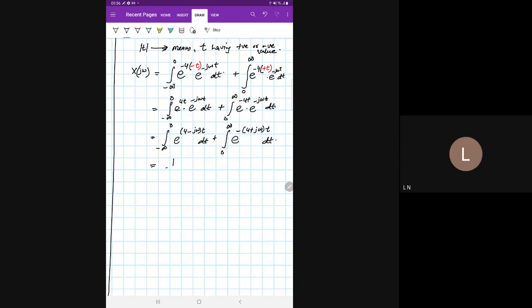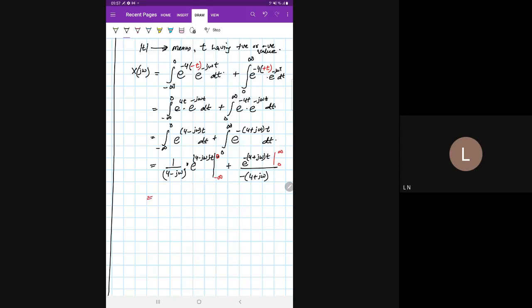So if I integrate it, I will have 1 by 4 minus j omega, into e raised power 4 minus j omega t, with limits minus infinity to 0. The second part, when integrated, is e raised power minus 4 plus j omega t divided by minus 4 plus j omega, with limits 0 to plus infinity.